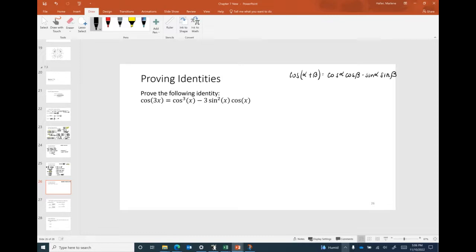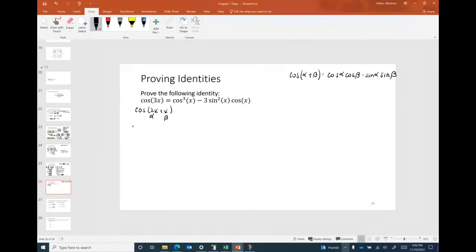So I could rewrite the cosine of 3x as the cosine of 2x plus x, right? 2x then could be considered my alpha, and x could be considered my beta. Okay? So let's rewrite that.